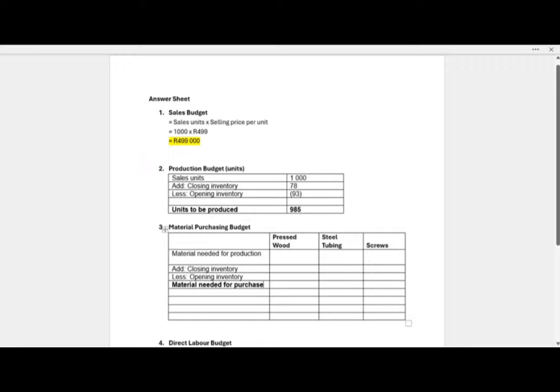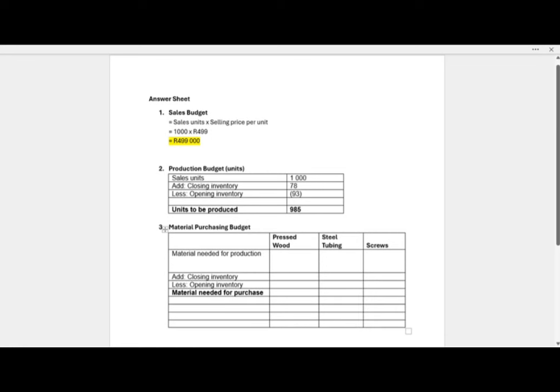From there, I'm going to start the calculation for this, and then after that I'll calculate the cost of all materials. So now let's start with material needed for production: how many meters of wood are needed to produce 985 desks? Let's start with the wood.